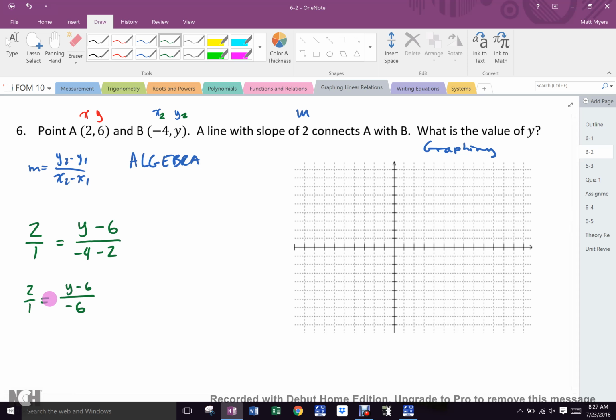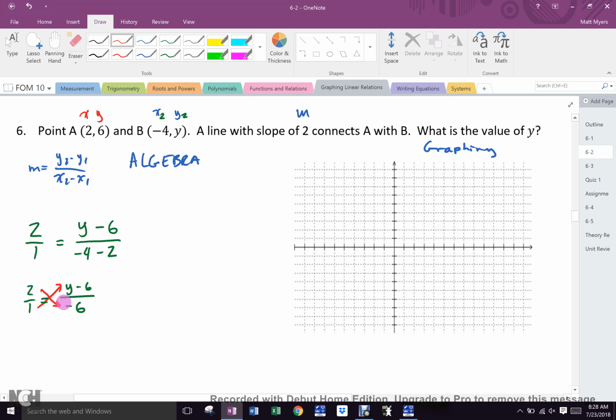Zach? No, the 6's cannot cancel. Jeshua? Kind of, yeah. Anytime you ever have 2 fractions that equal each other, you can always do this.